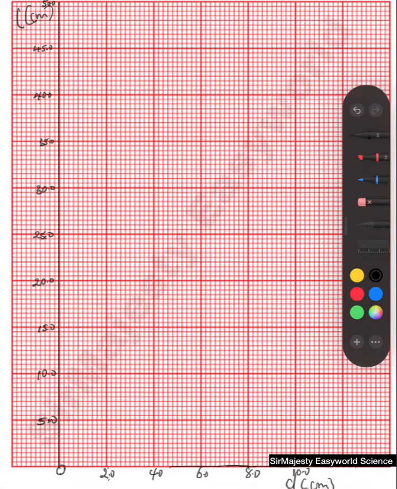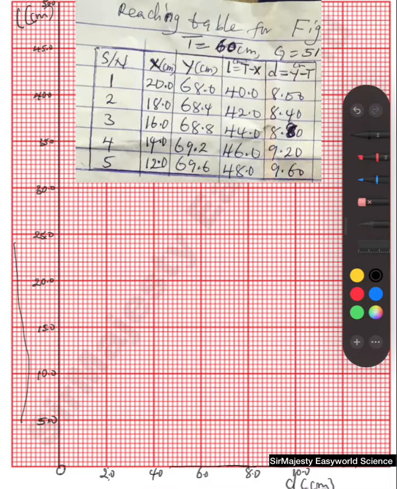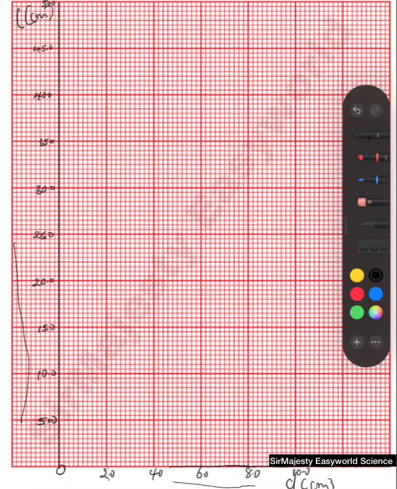Now, along L, when L is 40, D is 8. Along this line, I look for 40, which is here. And along this line, I look for 8, and this is the 8.